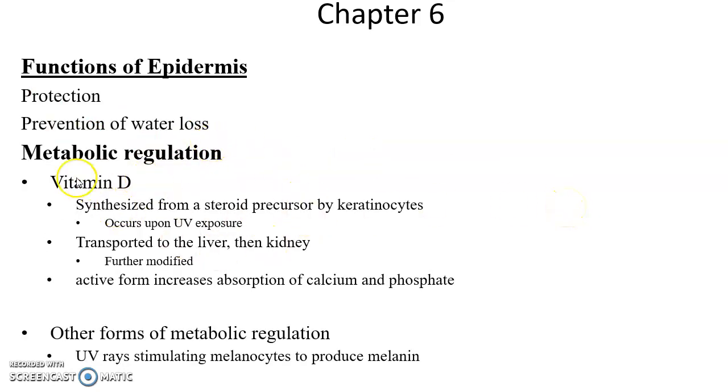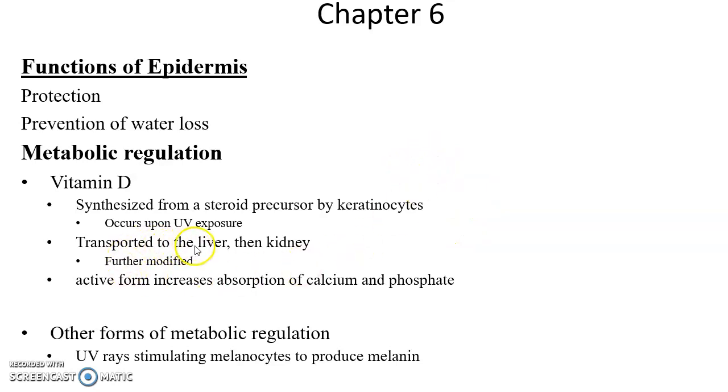Metabolic regulation. It is important in vitamin D production. Turns out that we can produce all the vitamin D we want, and the process occurs in our epidermis. Basically, a precursor to vitamin D is exposed to UV light, and that UV radiation exposure helps turn it into the next stage of the vitamin D production.